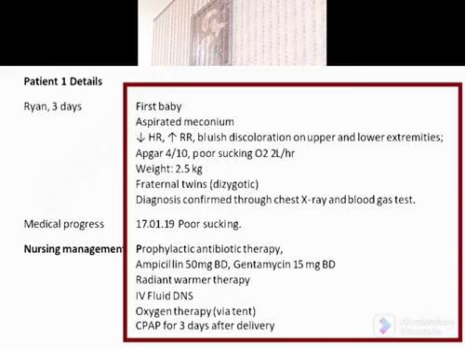And medical progress today, that is 17 January 2019, the diagnosis for Ryan is poor sucking. For nursing management, they have given prophylactic antibiotic therapy with ampicillin 50 mg BID and gentamicin 15 mg BID, and he has been on radiant warmer therapy. IV fluid DNS has been given, and oxygen therapy through the tent, CPAP for 3 days after delivery. So this is the case note for the first baby, Ryan.